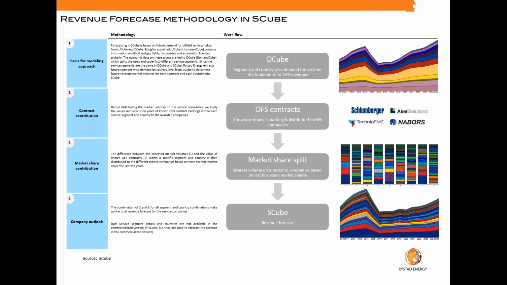So forecasting in SCube is based on future demand from oilfield services, and this number is taken from UCube and DCube. So roughly explained, UCube, the upstream database we have, consists of information on production, reserves, and economics on all oil and gas fields, discoveries, and exploration licenses globally.